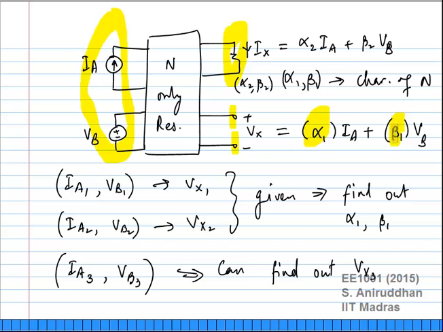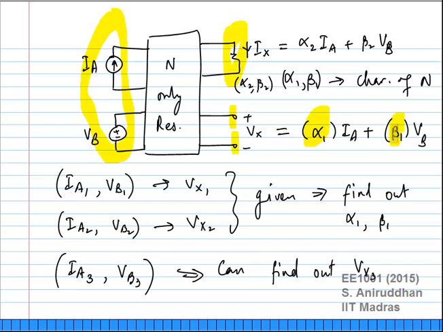Now, given K unique or K independent sets of values, when I say independent, what do I mean? In this particular case, what I mean is they need to lead to a unique solution. For example, if I gave you the value for 1 ampere and 2 volts, it doesn't mean the next set of values could not be 1 ampere and 3 volts.